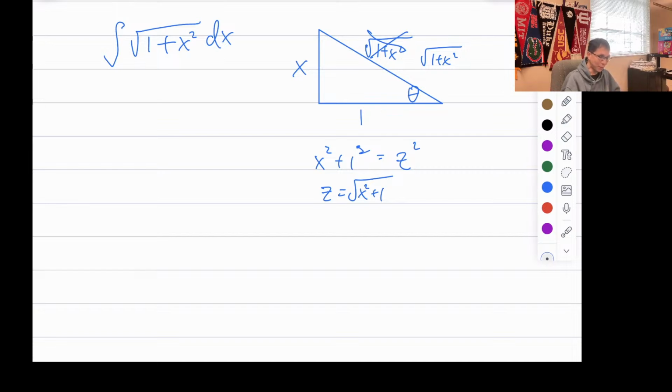So with that being said, can I say the tangent of theta is equal to x over 1? Would I agree? So can I say tangent of theta is equal to x?